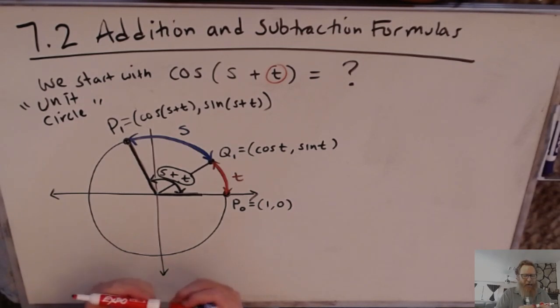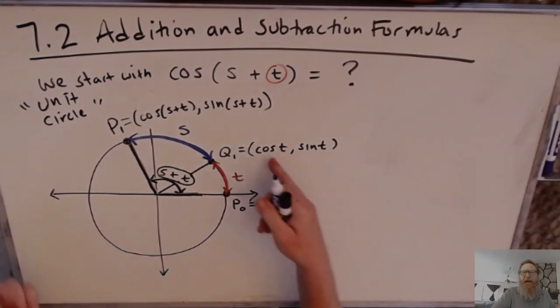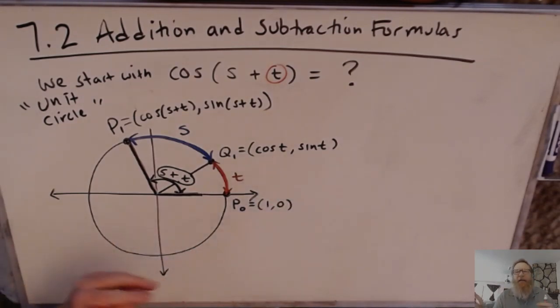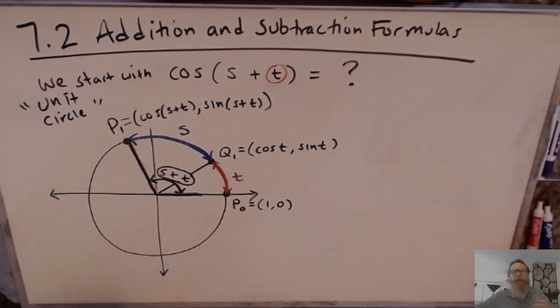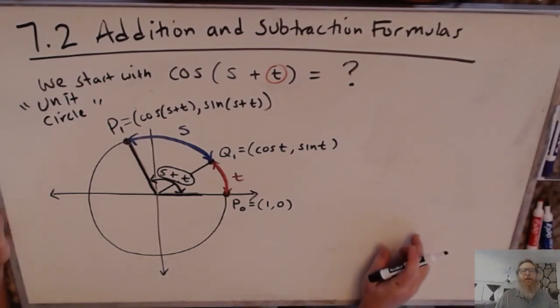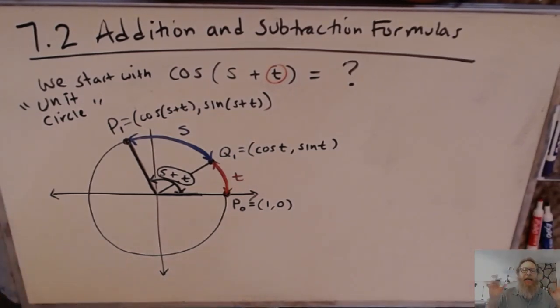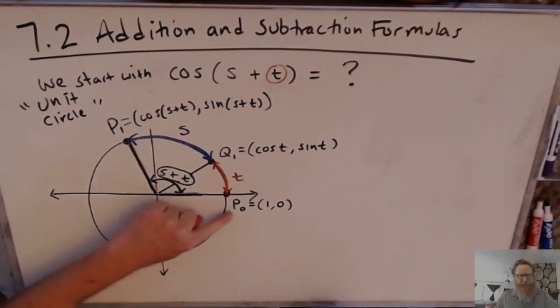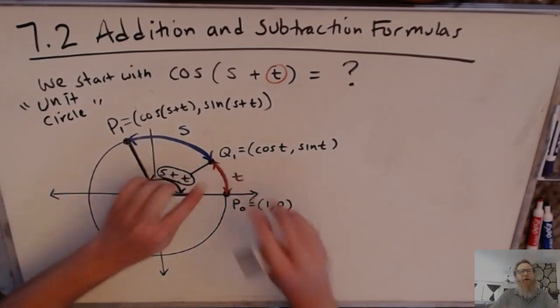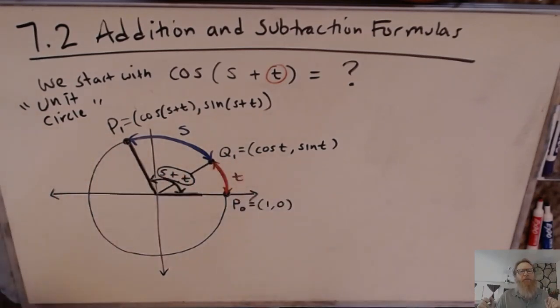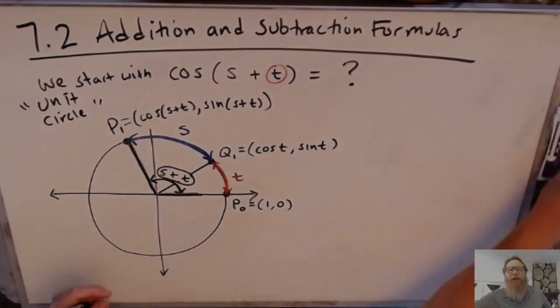Sometimes we'll use other letters than S and T. We might use A and B, or alpha, beta, or theta and phi, or whatever variables you like. In my example, I'm doing S and T. Okay. Now here's where it gets weird. I've got P0 and P1, and then I've got Q1, but notice there's no Q0. So where's the Q0 going to come in?